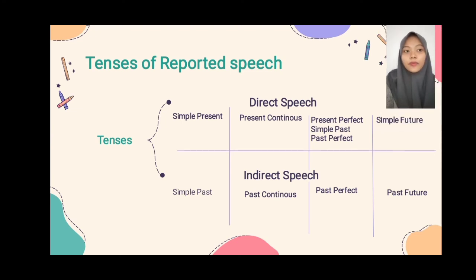For the tenses of reported speech, in direct speech there are simple present, present continuous, present perfect, simple past, past perfect, and simple future. They pair with indirect speech: simple past, past continuous, past perfect, and past future.